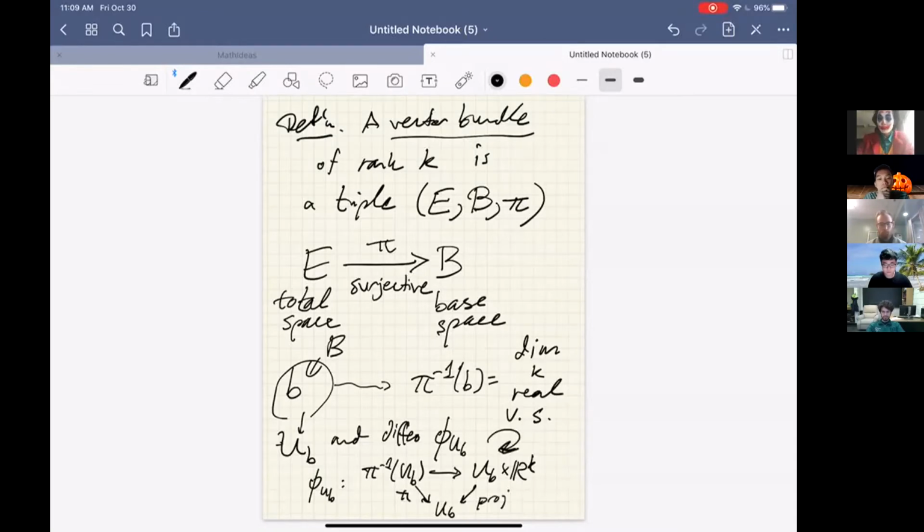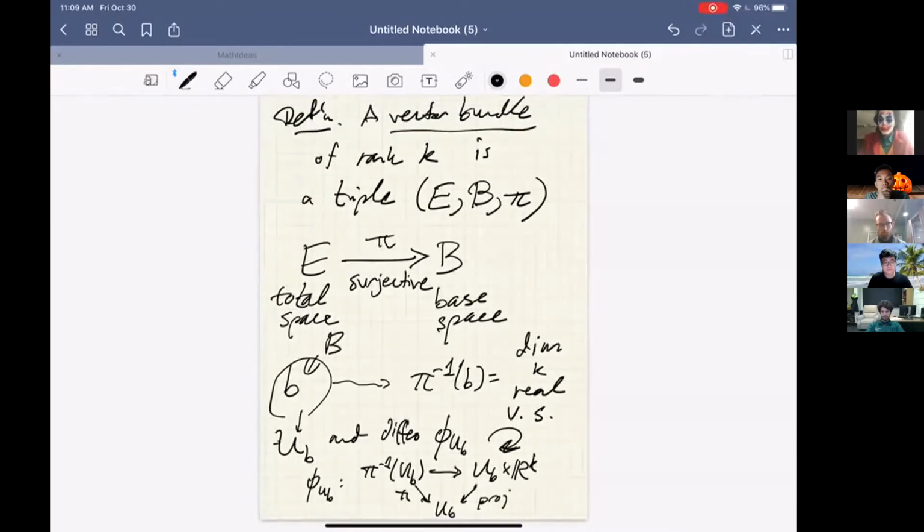Okay. And you also require that, maybe this follows from the definitions, but I don't think so, that if you restrict your phi sub U_b to the fiber, this should induce a vector space isomorphism with R^k.